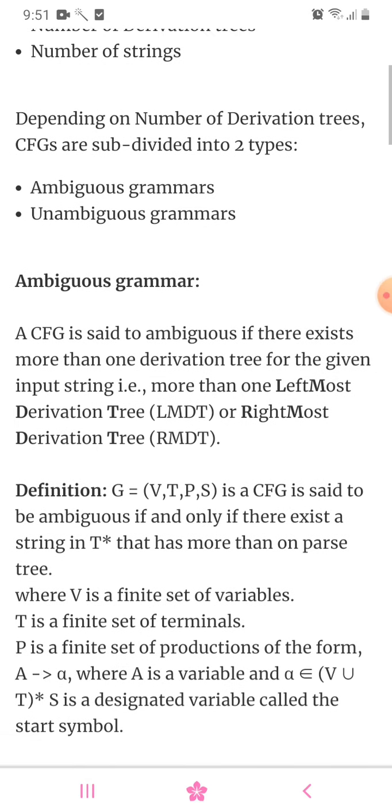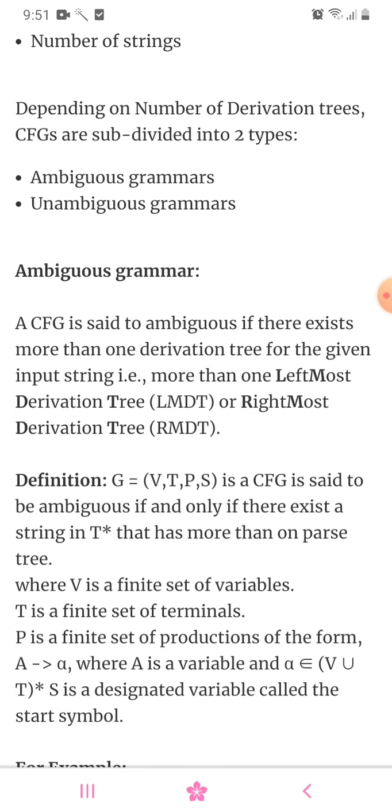Definition of ambiguous grammar: a CFG has four tuples, that means G = (V, T, P, S).